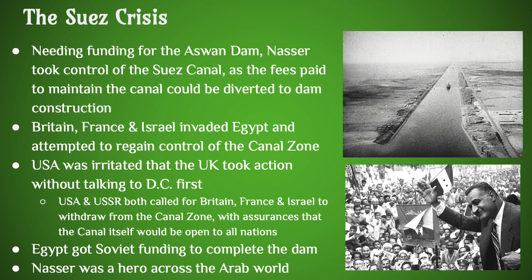And part of that deal meant that Egypt finally got its money to be able to complete the dam, and it came from the Soviets this time. And this whole experience made Nasser a hero, not just in Egypt, but all across the Arab world, because he was the first guy to stand up to these imperial powers and win.